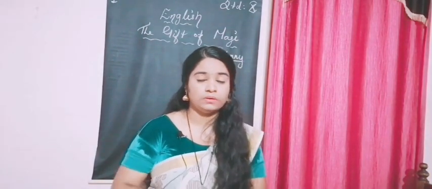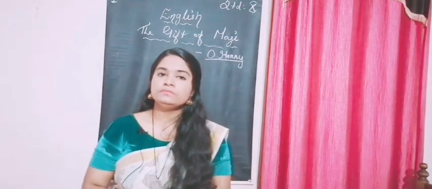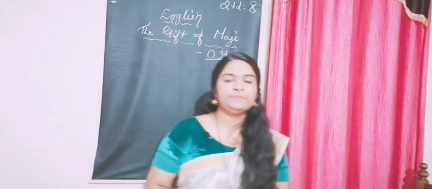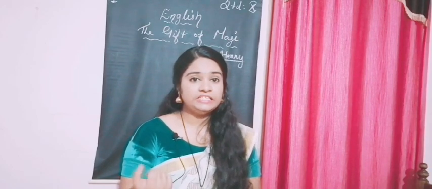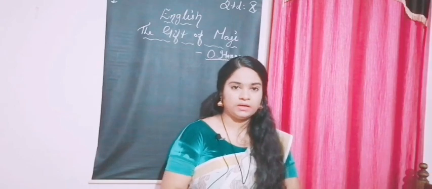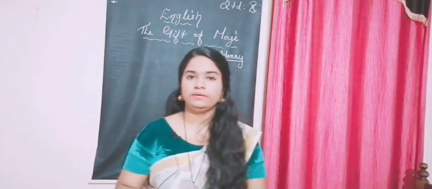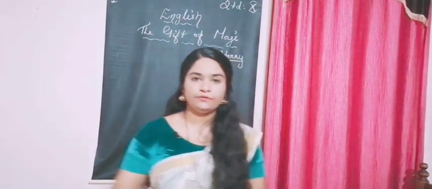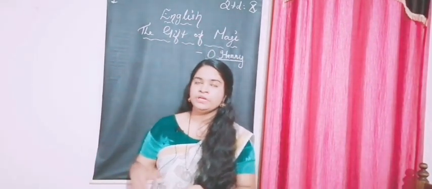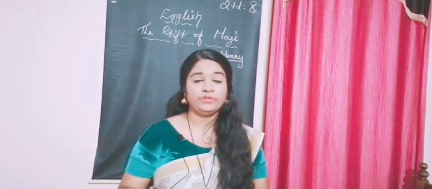From there they started the practice called gifting during Christmas Eve, right? So the 3 wise men were called Magi, and that word is the one that has been taken for this lesson. Okay, so it is The Gift of the Magi, written by O. Henry.